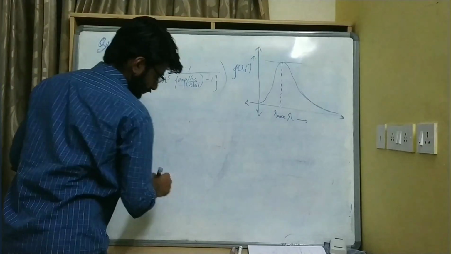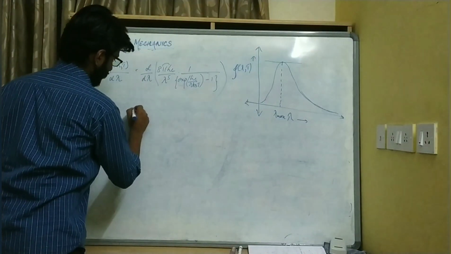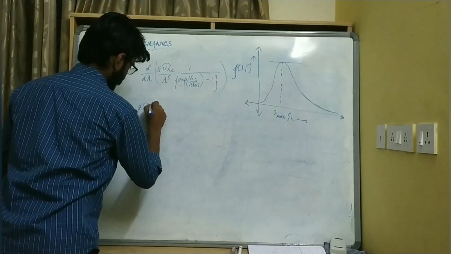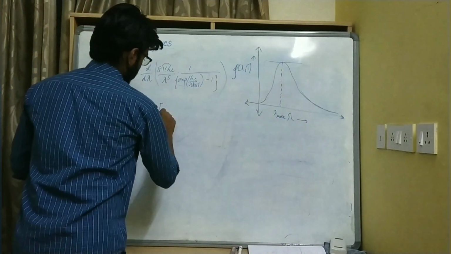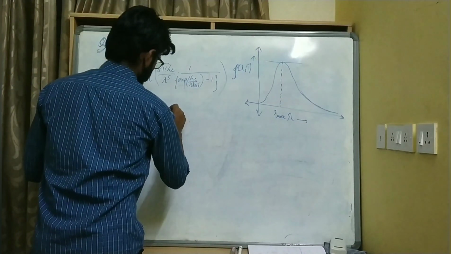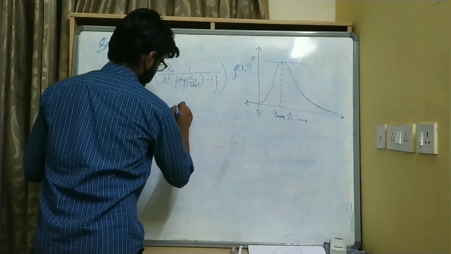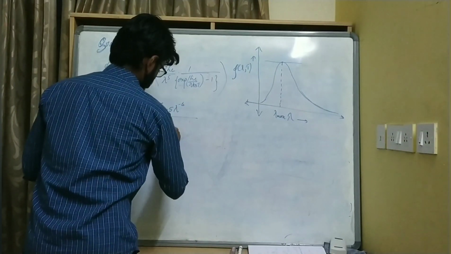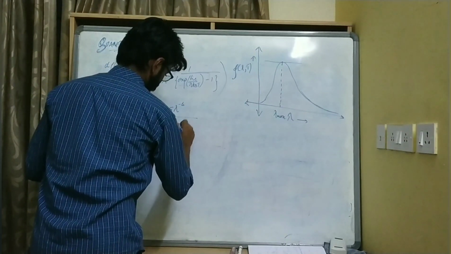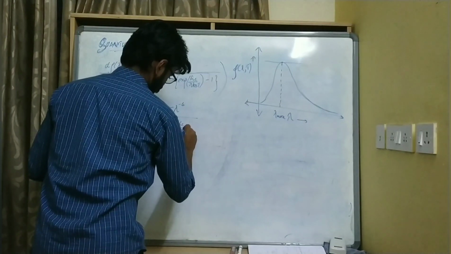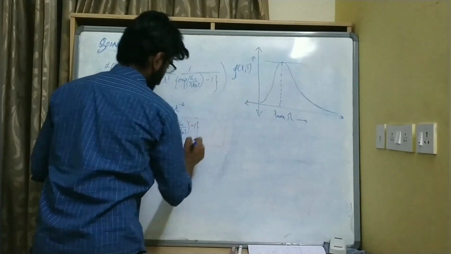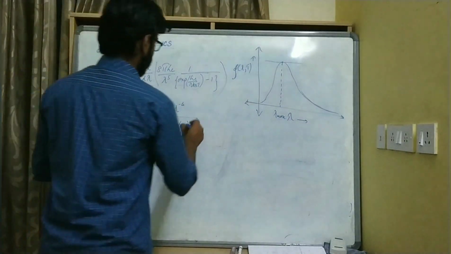If you take a derivative of this equation, this will come out to be 8 pi hc, minus 5 lambda to the power minus 6 with exponential hc by lambda kB T minus 1 as a constant for this one.